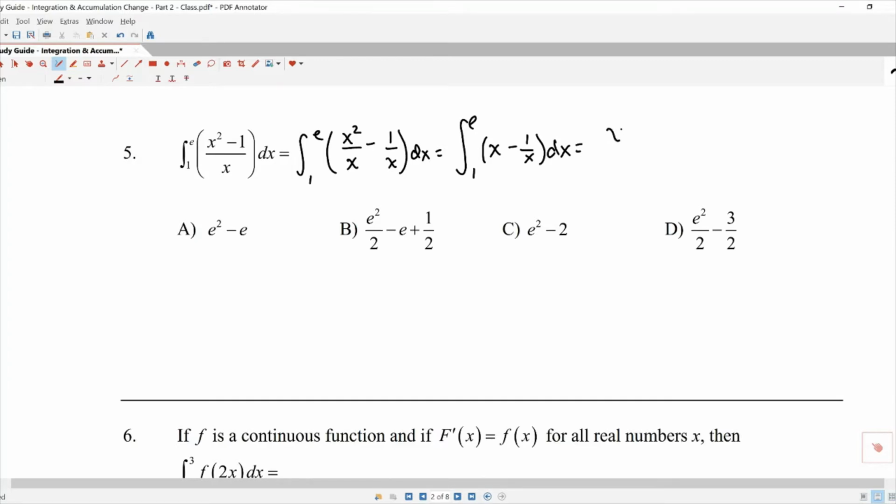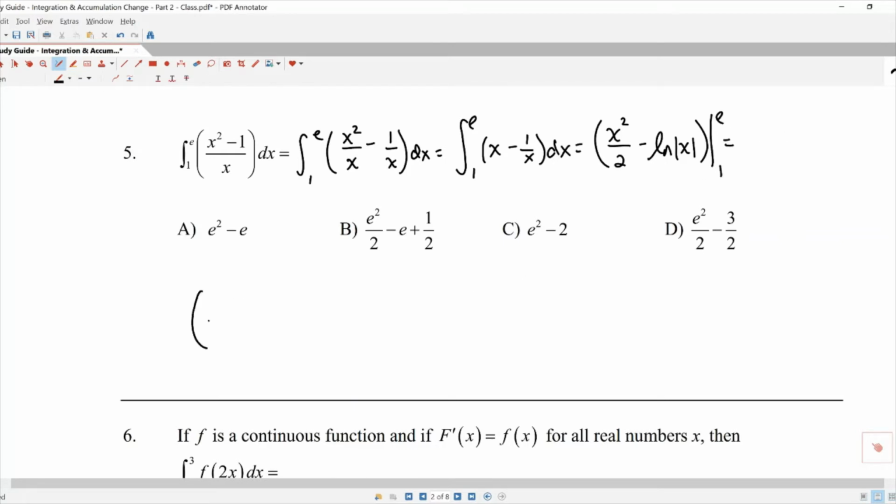The integral of x is x squared over 2 minus the integral of 1 over x is the ln of x. And remember, this should be absolute value. It doesn't really matter because both of our bounds are positive, but it's good to get into the habit.